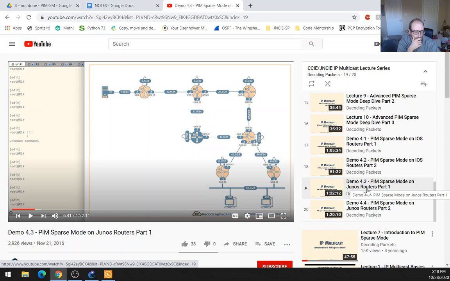Oh my god, there's literally like 10 hours of information here. Sparse mode. I'm looking at 4.1, so I've got 2 hours of prerequisite information.